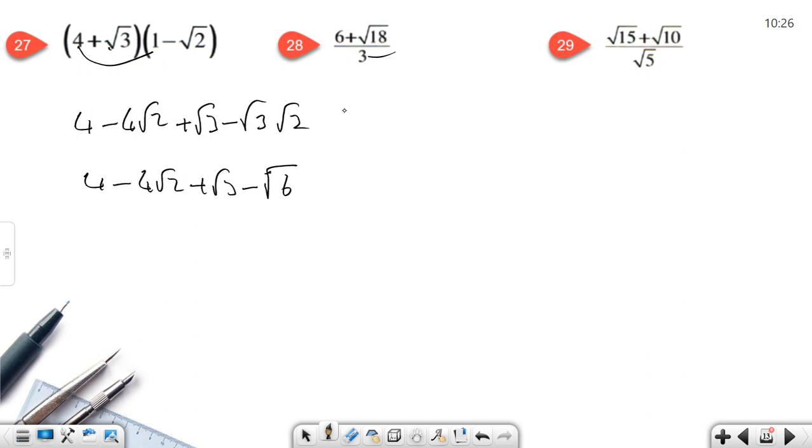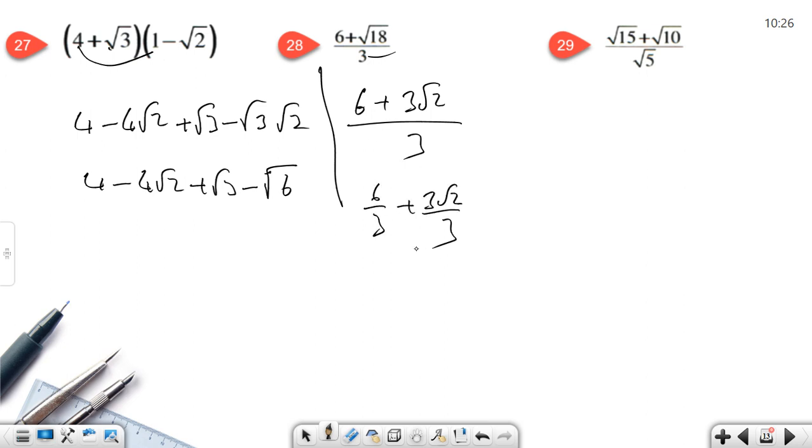That's an interesting one. We have 6 plus 3 square root of 2, 9 times 2 over 3. And 6 over 3 plus 3 square root of 2 over 3, so 2 plus square root of 2, that's the answer. Square root of 5, so I can do that one.